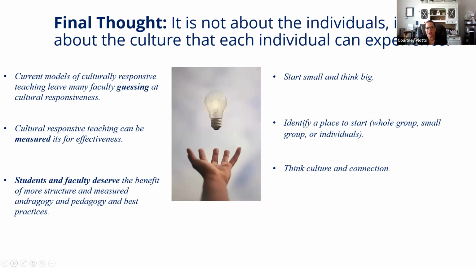So these are just the final thoughts, right? The current models have left people guessing. We absolutely can measure this so we know what's most effective for individual students all the way up to organizations. Students and faculty deserve to know and have a more structured idea of what this is, instead of doing the same thing, because we are leaving faculty behind, we are leaving students behind, because no one can say what it is, right?